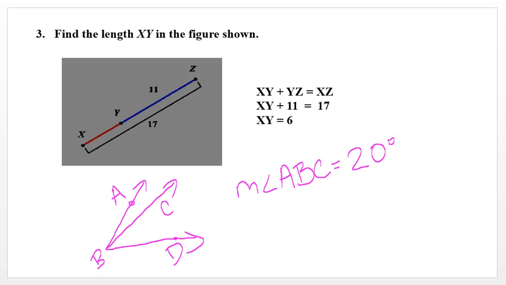And then you are given the measurement of angle ABD is equal to, let's say, 60 degrees.